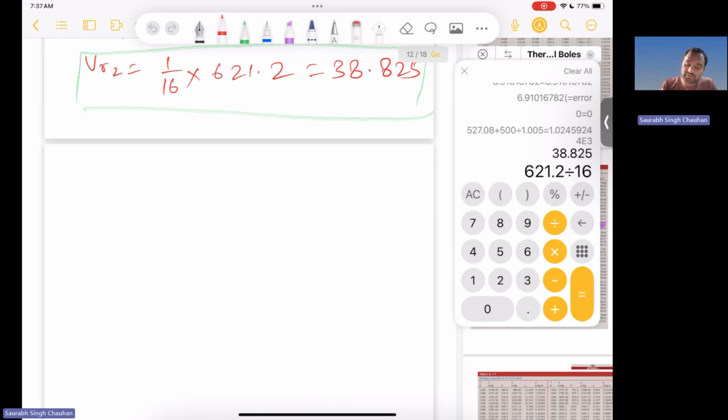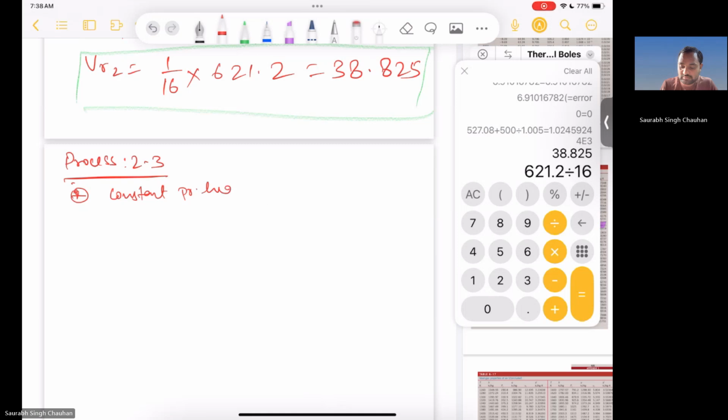Then process 2 to 3. This is constant pressure heat addition. So for constant pressure, you can use this relation: V3 divided by T3 is equal to V2 by T2, right?